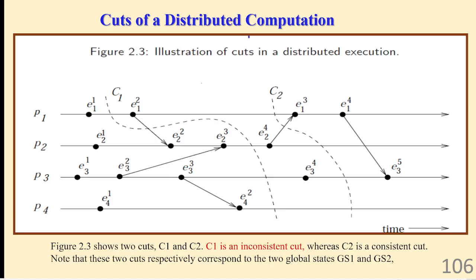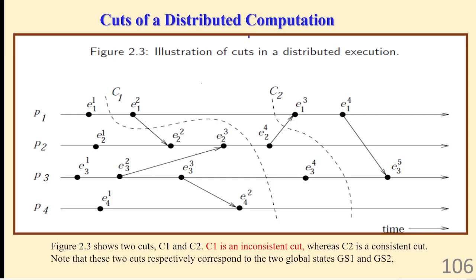if an event moves from past to future, that is possible. Past to past is possible. You can look at process P3. Here, event 2 of process P3 is moving to event 3 of process P2. This is happening in the past, so that is not a problem.